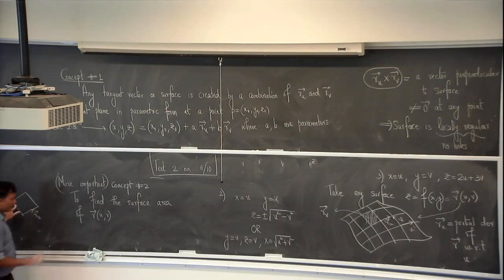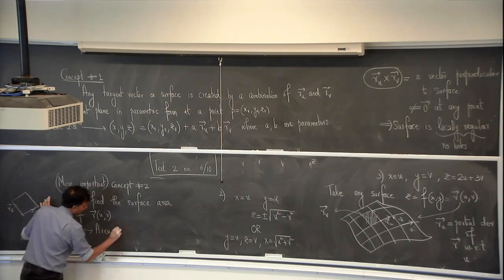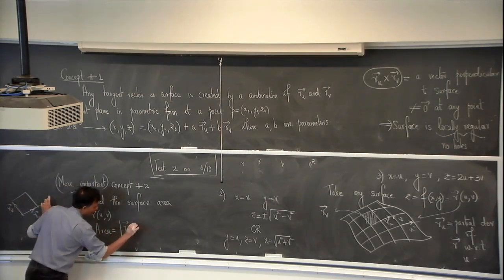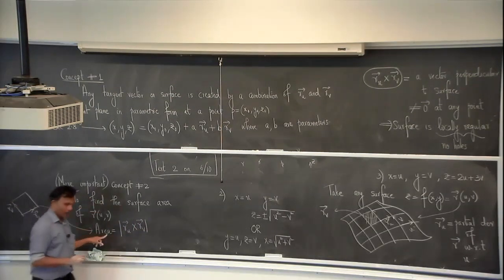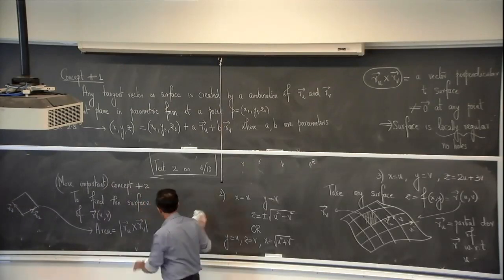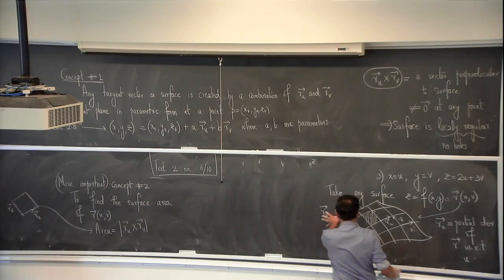The area of the parallelogram from chapter 1 is the magnitude of Ru cross Rv. That's why I wrote that earlier. From section 1.5, you know that if you know the vectors which give you the two sides of the parallelogram, the area of the parallelogram is the magnitude of the cross product. So what do you do to get the area of the entire surface?